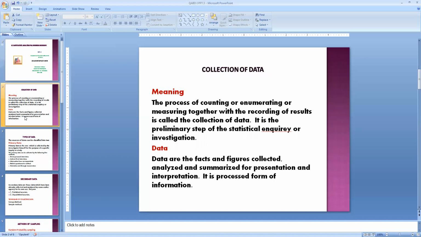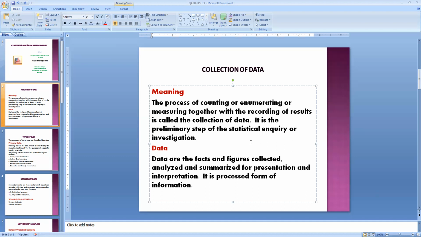It is nothing but the process of counting or enumerating or measuring together with the recording of results that is called the collection of data. When we have an inquiry or investigation, that is the statistical inquiry, the first preliminary step under a study is called an inquiry. During that inquiry, we require collection of the data.